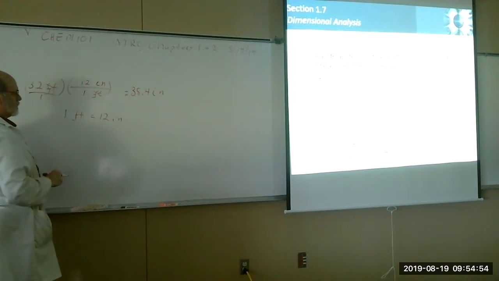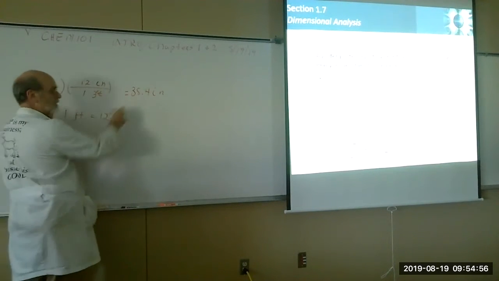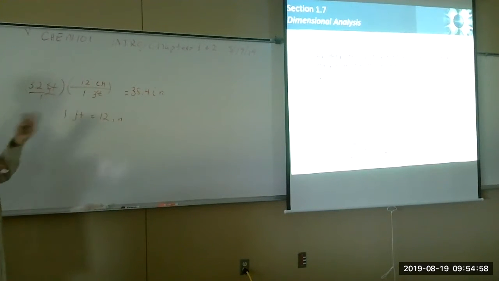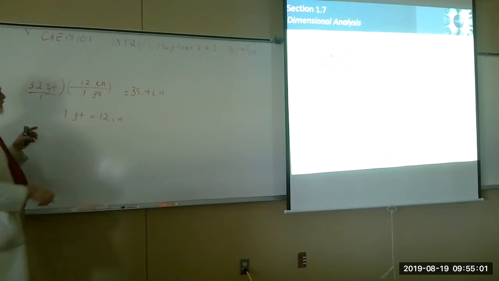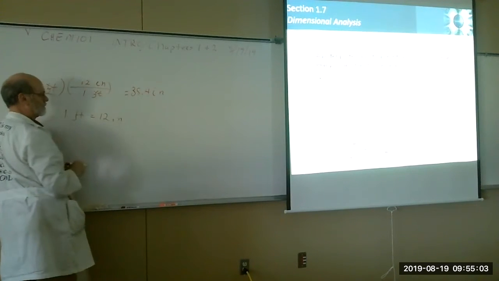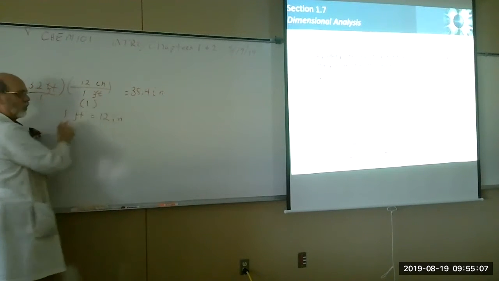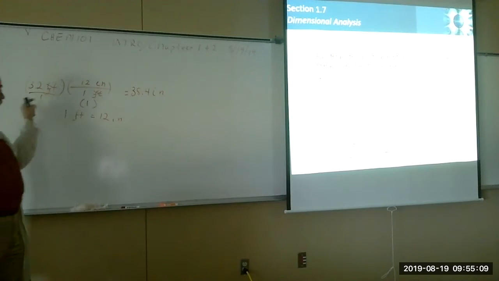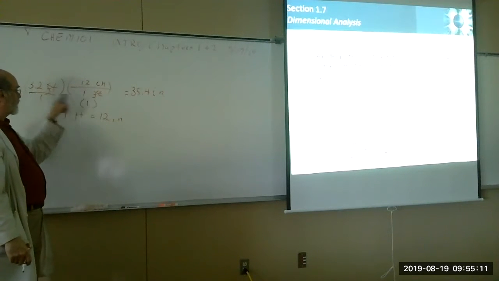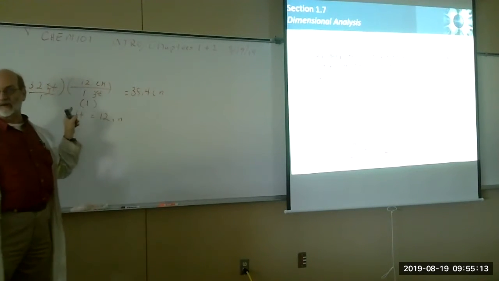So what did I just do? This is equal to that, right? That's what I'm saying it is. So what did I do to get from here to here? That has to be equal to 1. If those are equal, then the only thing I can multiply by that to get that is 1.